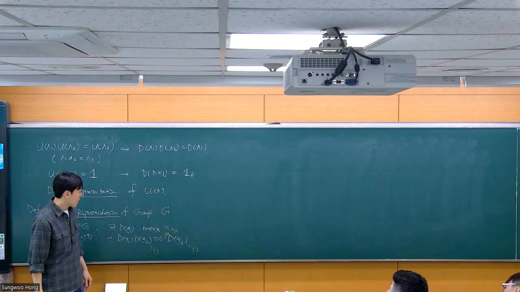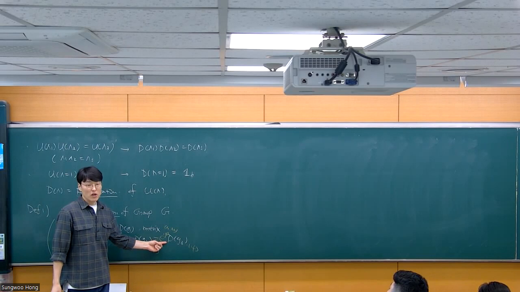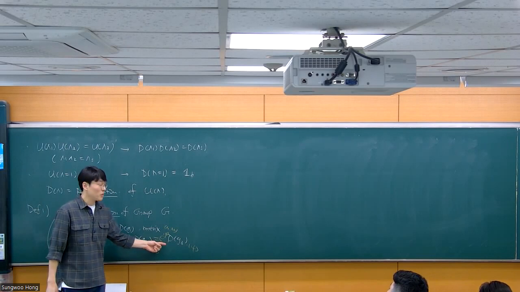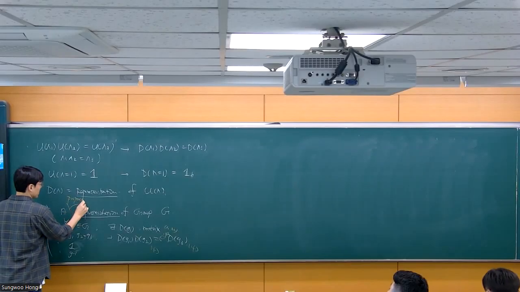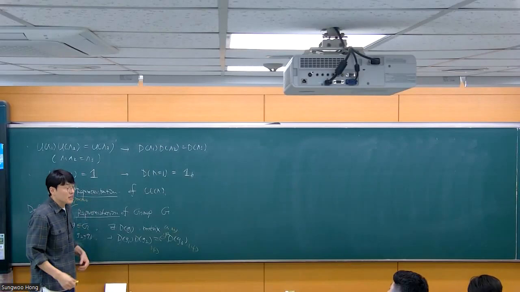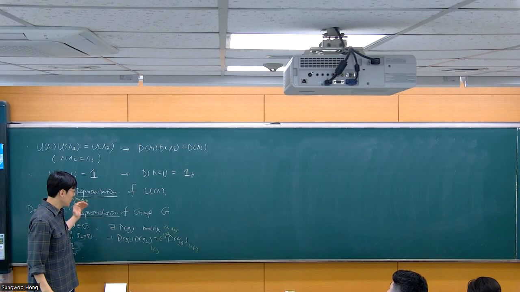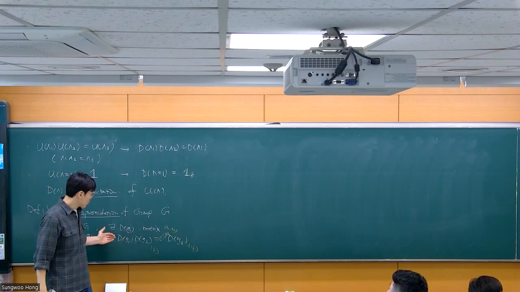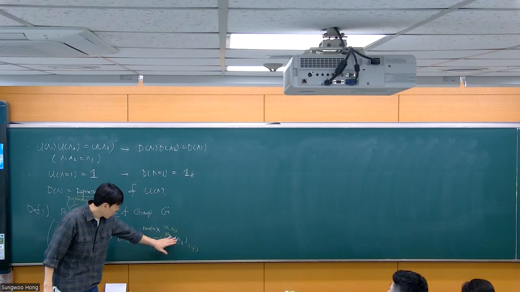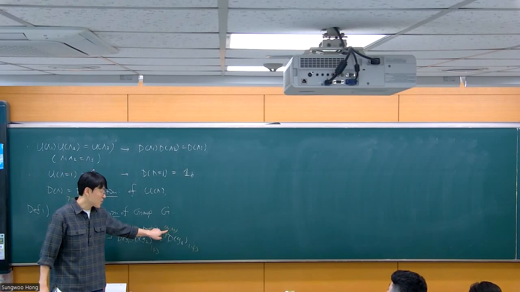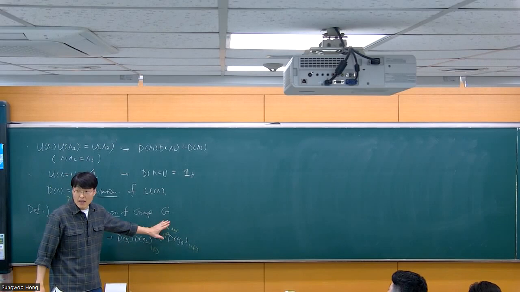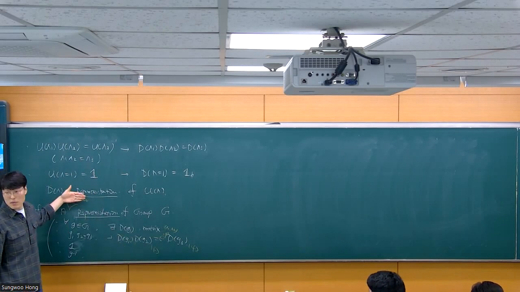There are groups and representations where this phase appears, and those representations are called projective representations. There's a certain mathematical discussion when you do that. In some groups and representations, you can always get rid of those phases by properly defining the generators of the group. In that case, it is not a projective representation.